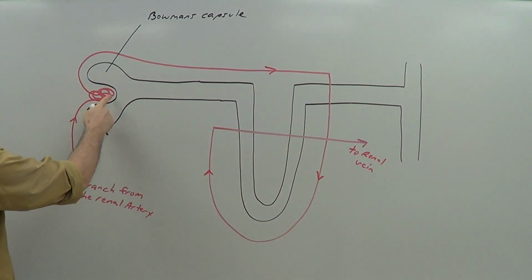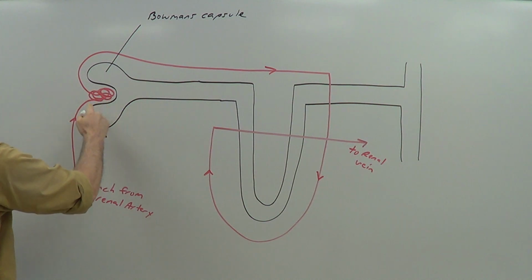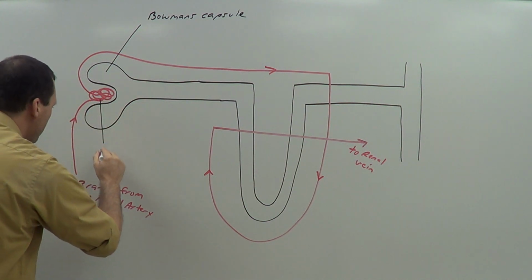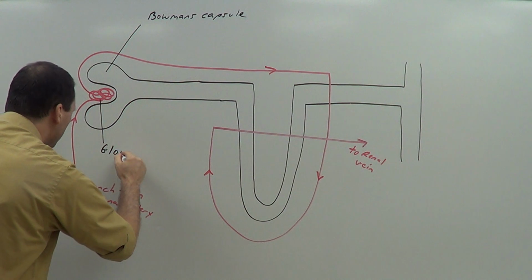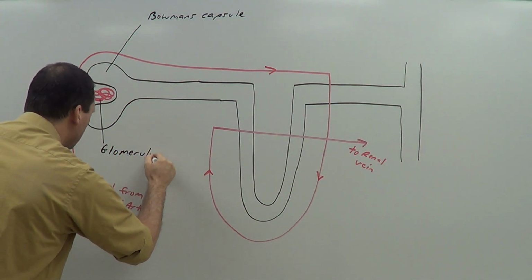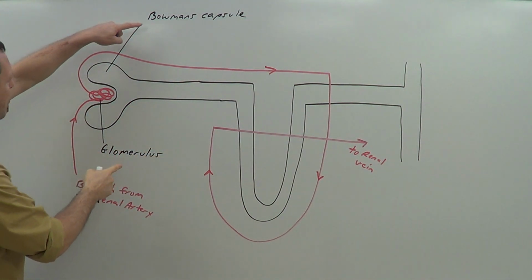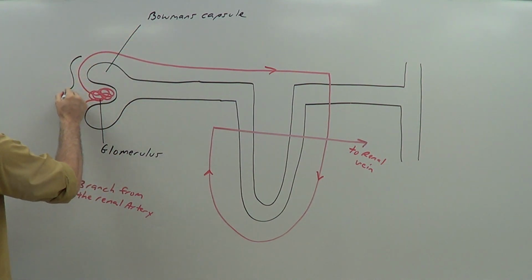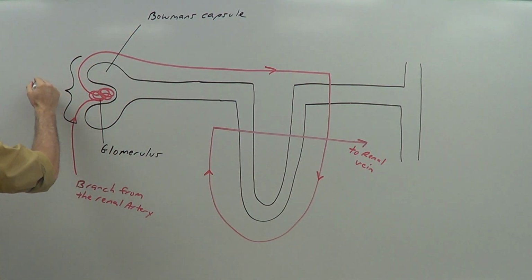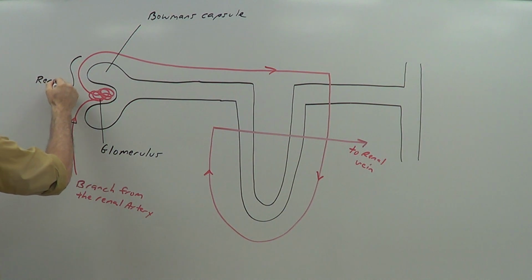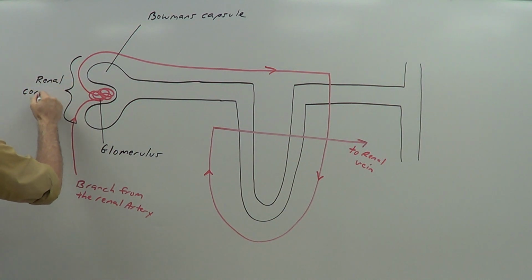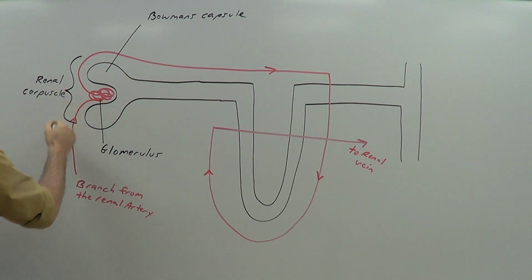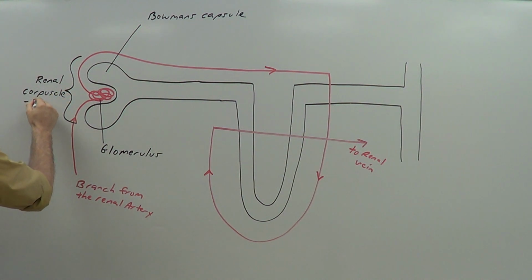And the large mass of capillaries right here is going to be the glomerulus. Collectively, Bowman's capsule and the glomerulus are going to be called the renal corpuscle. And that's where all the filtering takes place.